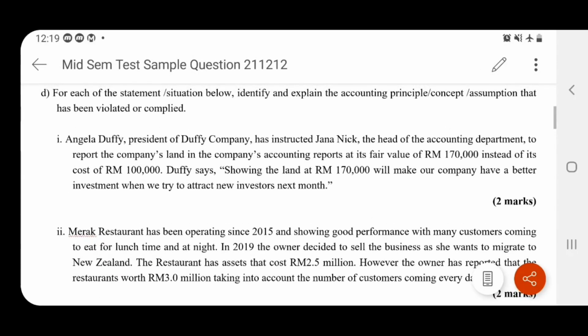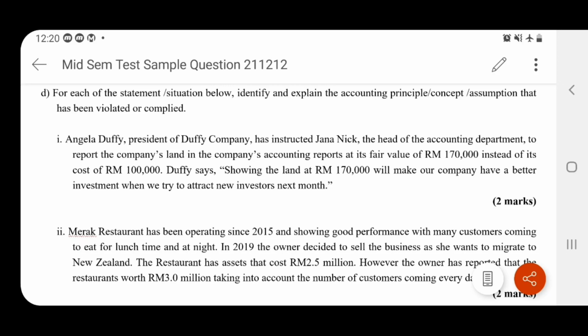What is the accounting assumption or principle that has been violated or complied? So the answer is, this scenario shows that the president of the business violated the principle of historical cost. The principle of historical cost says that when you want to record an asset, you have to record the asset at the purchase price, not at other value.